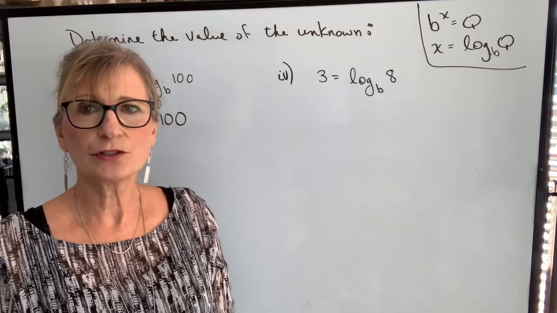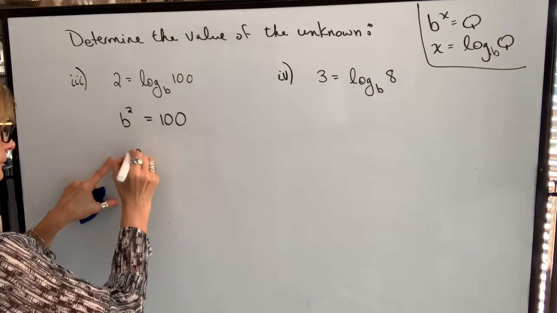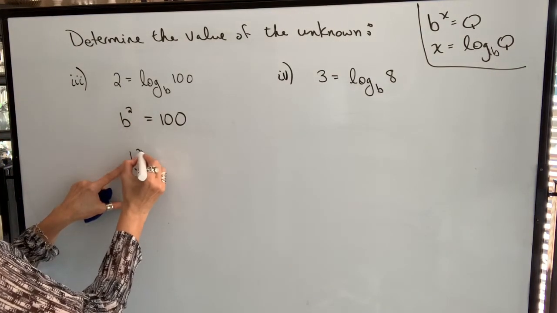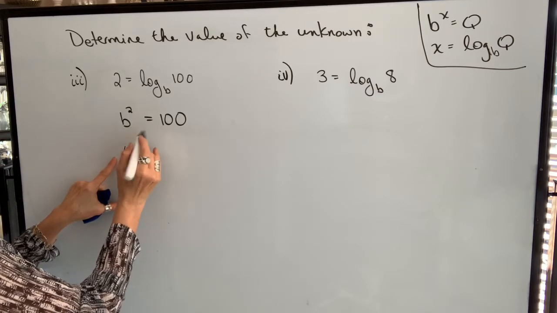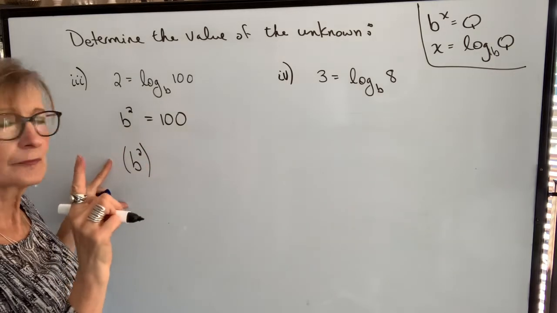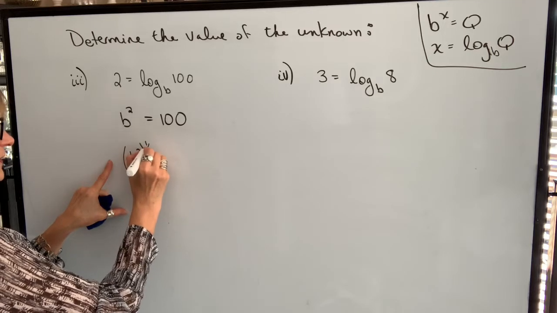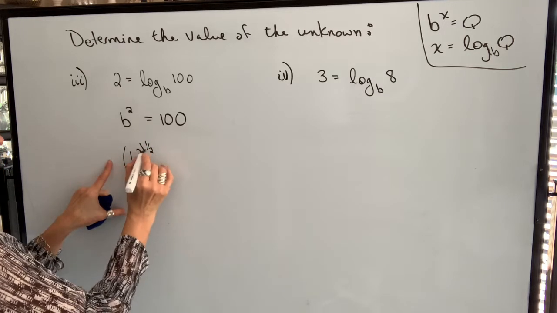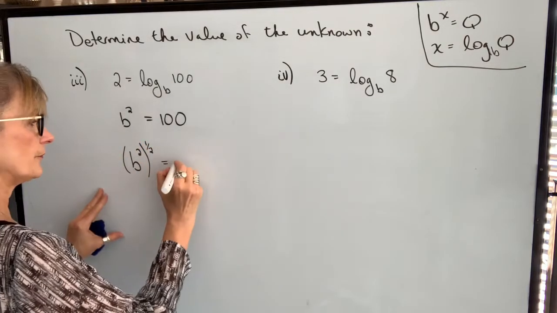So what we're going to do is raise this to a power so that the product of the two powers is equal to 1. So you raise it to the reciprocal. So the reciprocal of 2 is 1/2. What you do to one side of the equation, you do to the other.